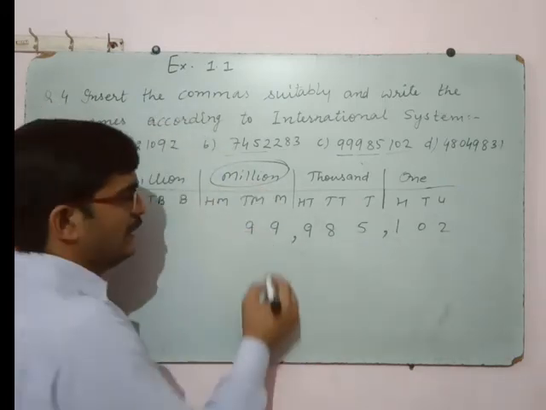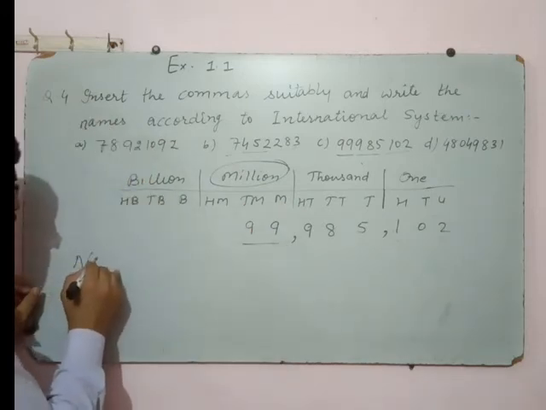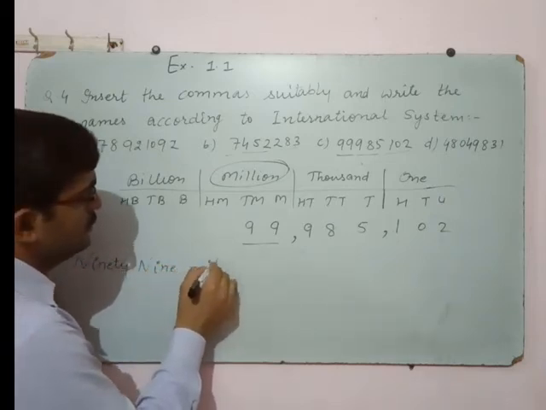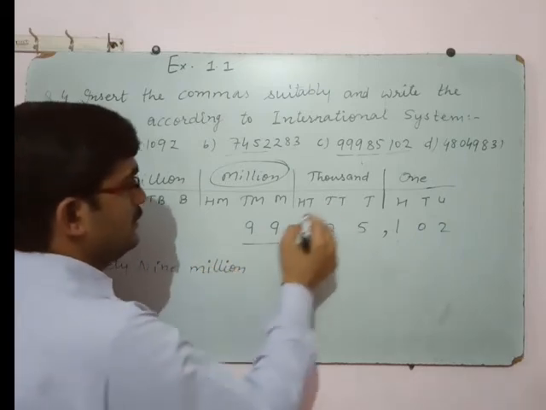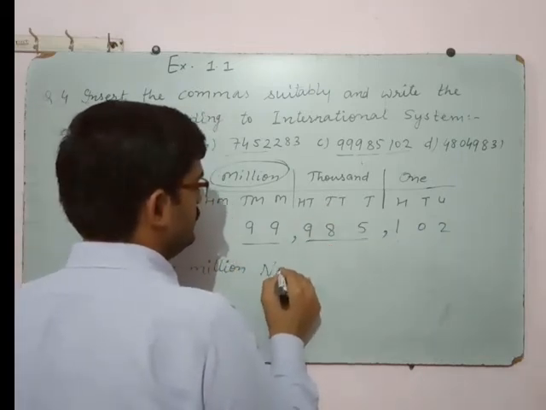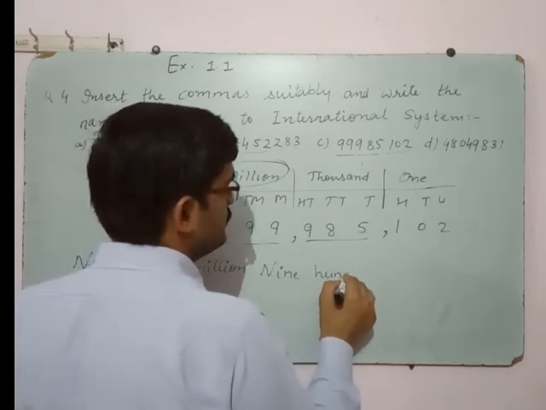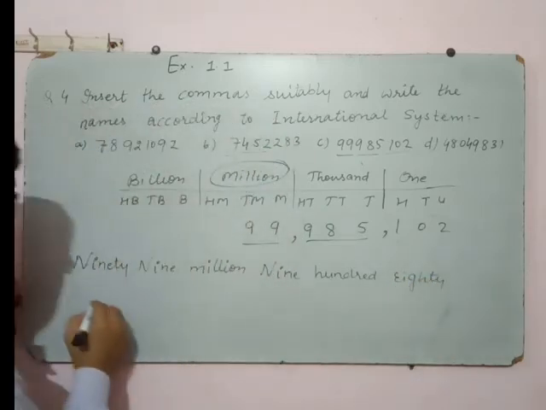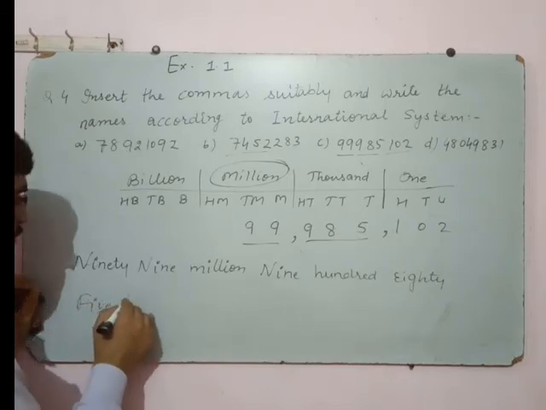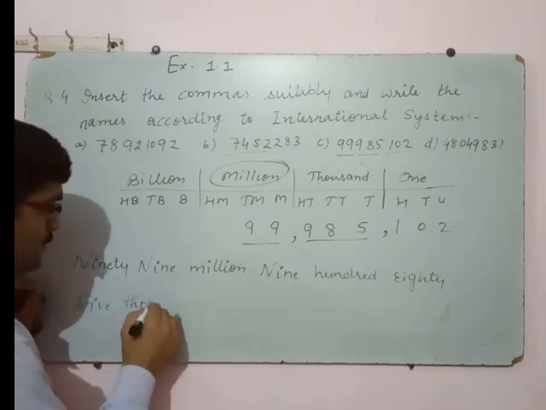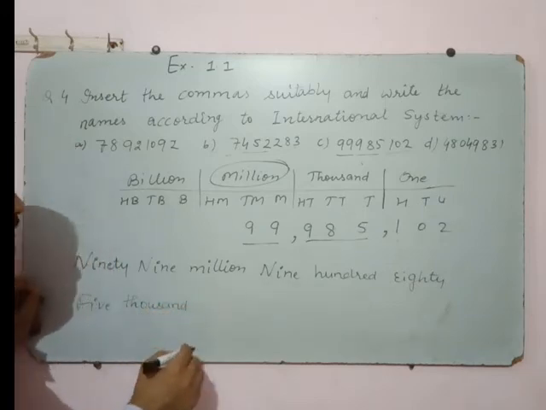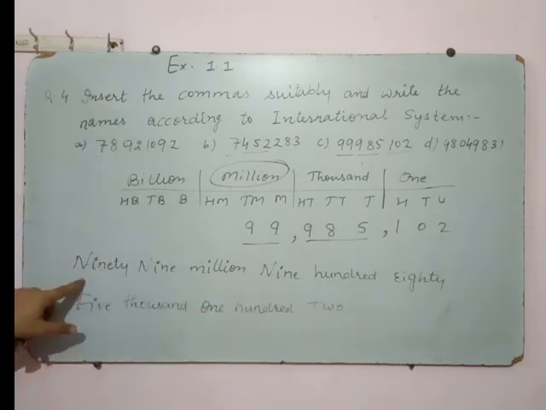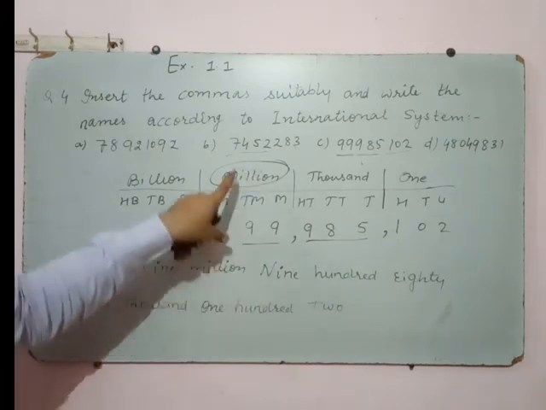What is in million place? 99. 99 million. 985,000. 985,102. 99 million, million place पे क्या है, million period में क्या है, 99.